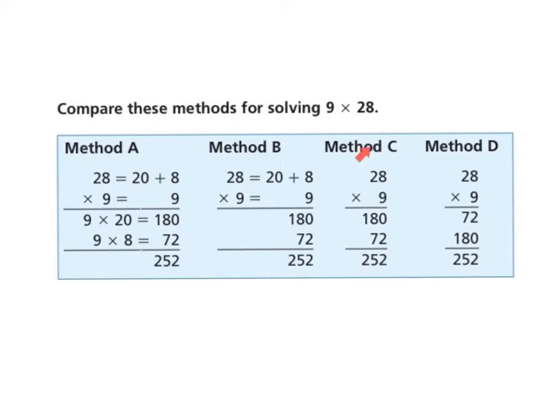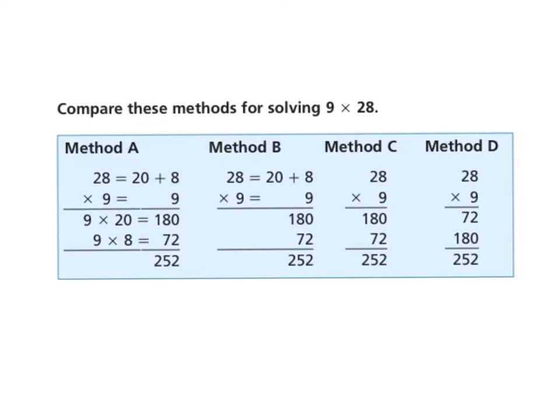Now, let's look at Method C and Method D. This is known as the shortcut method, which I'll be discussing a little bit later in this video. So here for Method C, boys and girls, it's writing the steps of separating the tens and the 1s in 28.